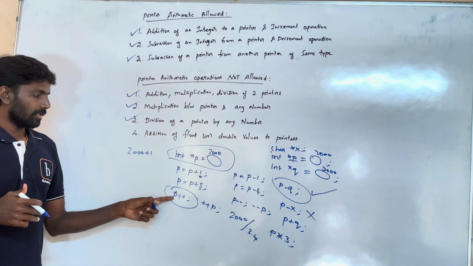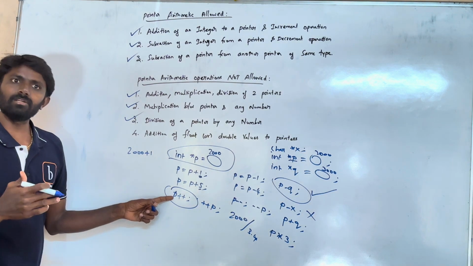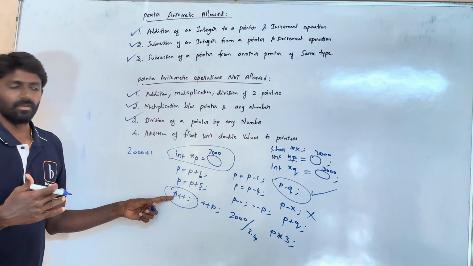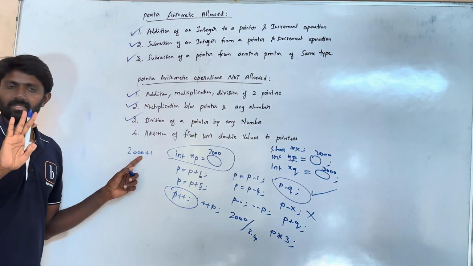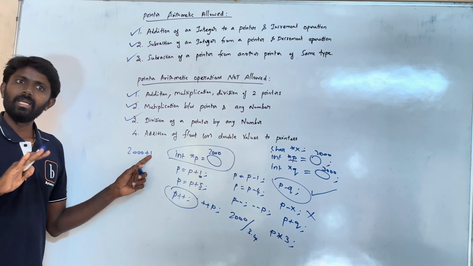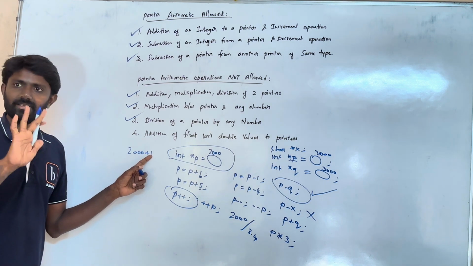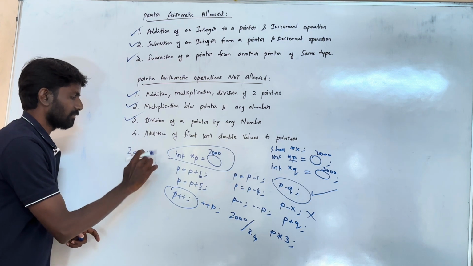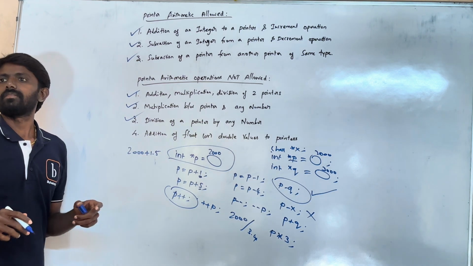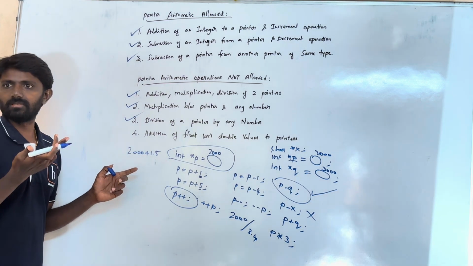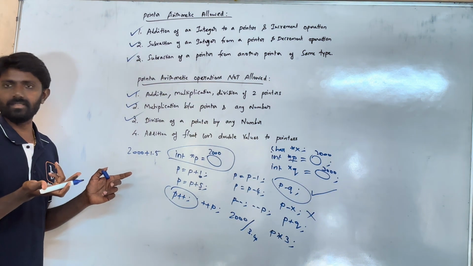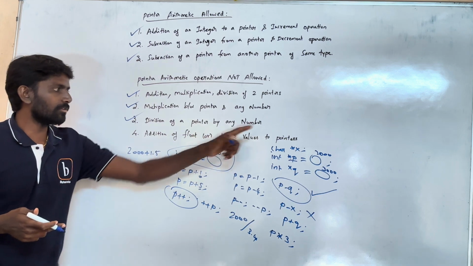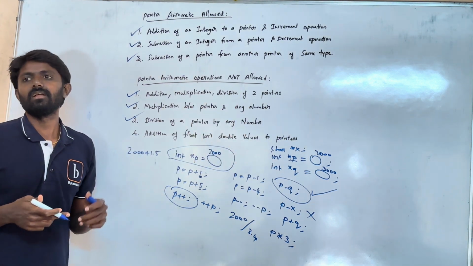Previously we have seen that p has 2000, and if you increment, it will jump to the next integer address, that is 2004. If you give 2000 plus 2, it will jump to 2008. But if you give 2000 plus 1.5, then it will get confused, and it is not valid either. That is the reason addition of float or double values to a pointer is also strictly not allowed.